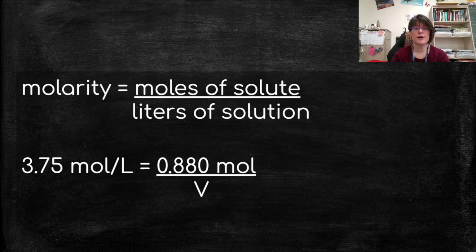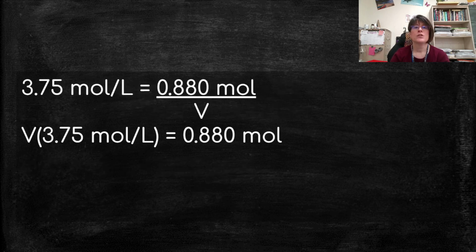We use our equation, molarity equals moles of solute over liters of solution, and we get 3.75 moles per liter equals 0.880 moles over the volume. I don't leave it as the capital M here because I want to be able to cancel out my units to make sure I'm doing the right thing.